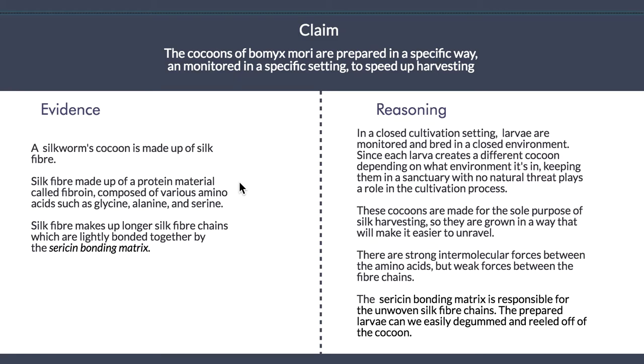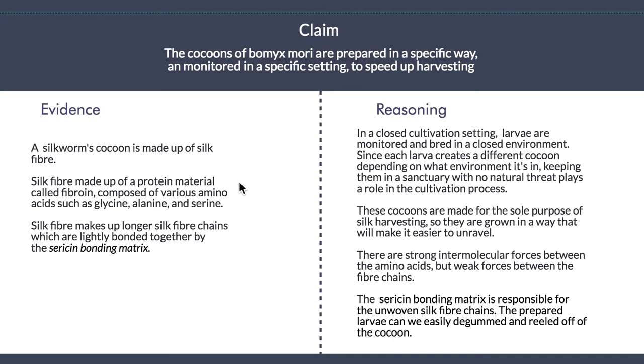So my reasoning for this is that in a closed system, the larvae are monitored and bred for the sole purpose of extracting the silk fiber. Since each larva creates a different cocoon depending on the environment that it's in, it is very crucial that you look at cocoons that are bred in a closed system to really understand the different forces happening inside the cocoon.